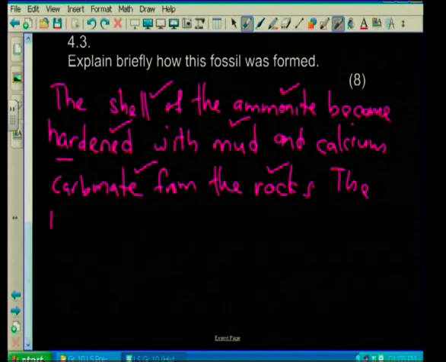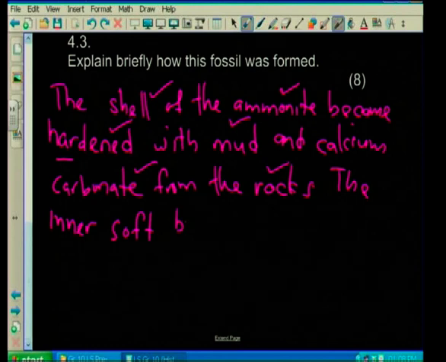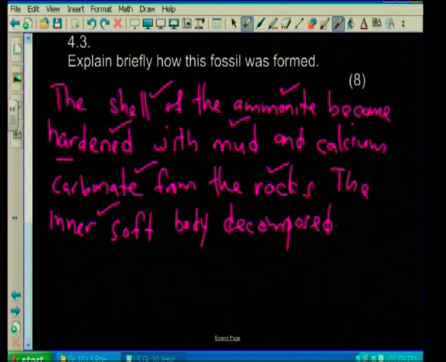The inner soft body decomposed. So you're looking at 1, 2, 3, 4, 5, 6, 7, 8 marks. That is where you're getting your 8 marks.